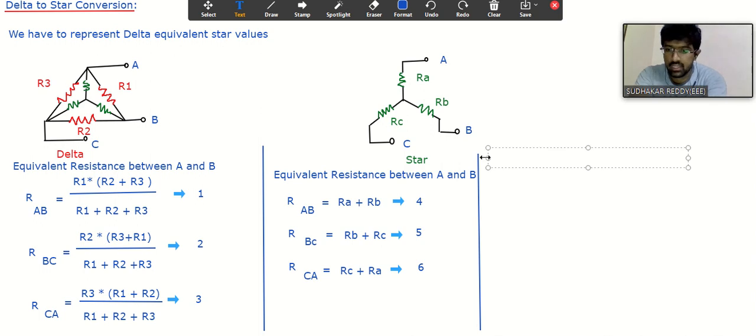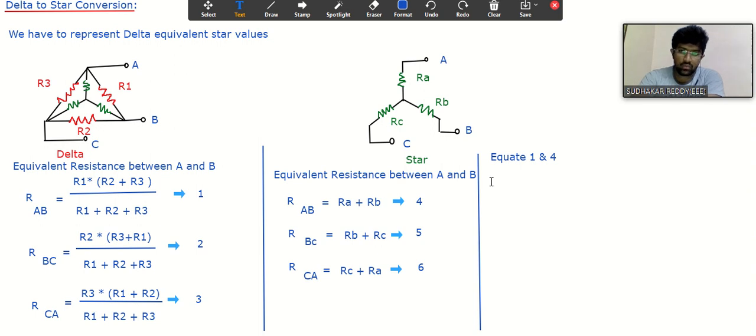Now, equate. Which equation and which equation? Now you need to equate 1 and 4, right? That is RAB here and here also RAB.